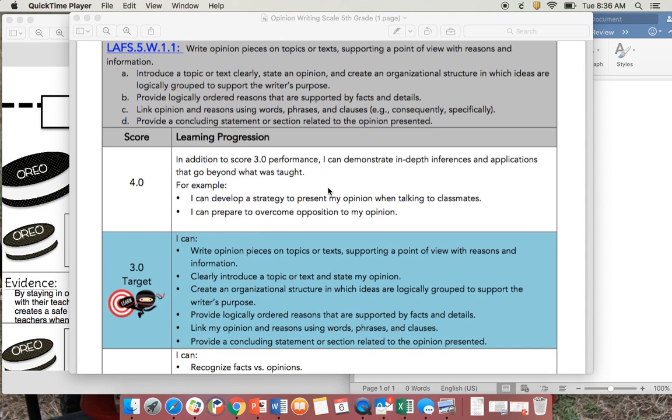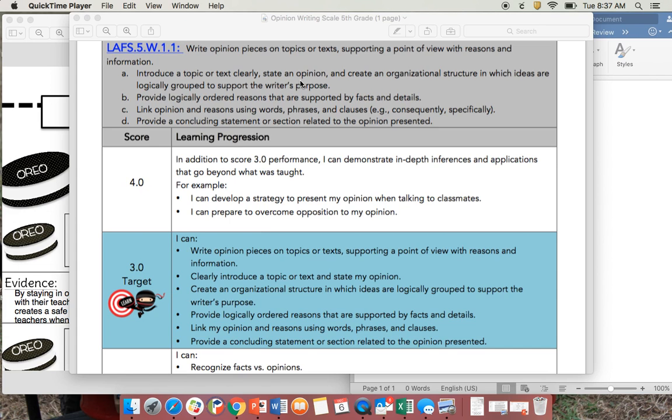So this week and today in this lesson, we're going to be learning how to take the opinions that we created and the support and evidence that we found to support our opinions. We're going to take all of that information and turn it into an opinion writing piece, an opinion essay. This way we can explain to our readers and inform other people about our opinion on a certain topic.